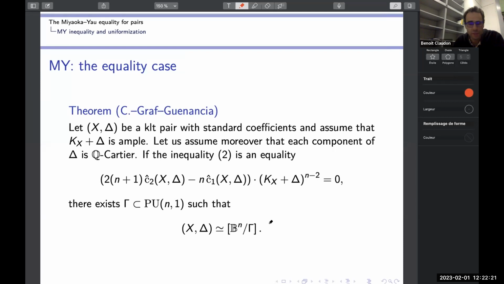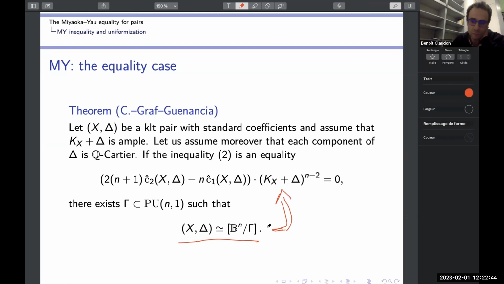And so of course, if X delta is a ball quotient, when I write it like that, I mean that delta is the ramification locus of the projection. Of course, it satisfies the equality.